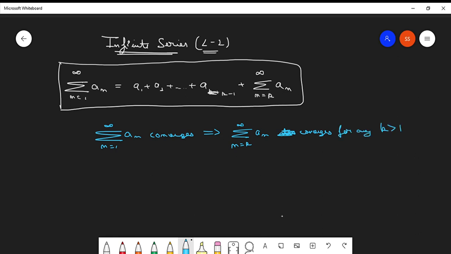K greater than 1 because k equals 1 will give you this series itself. And the converse, the reverse, is also true. That is, if this part converges, then this will also converge. Clear? Got it? Okay.